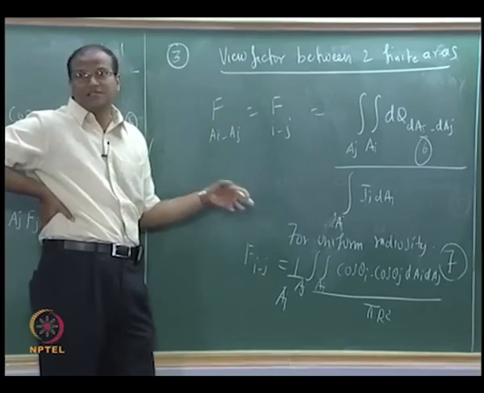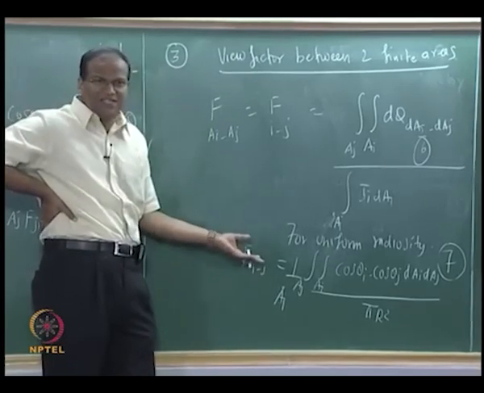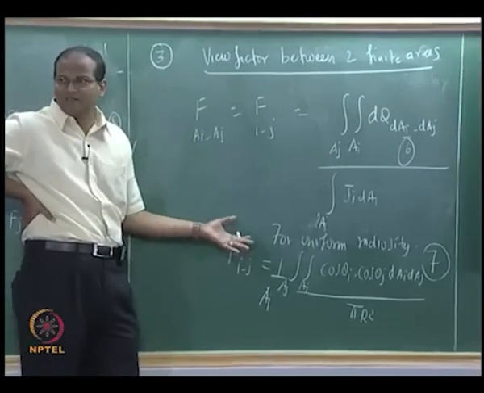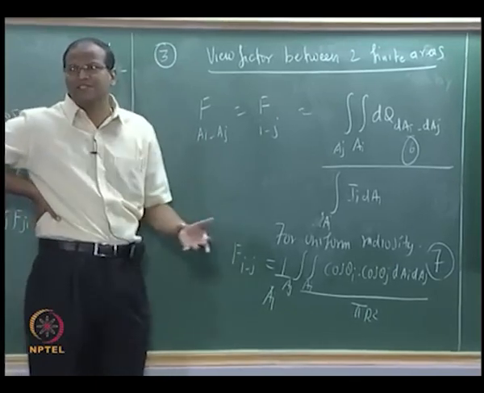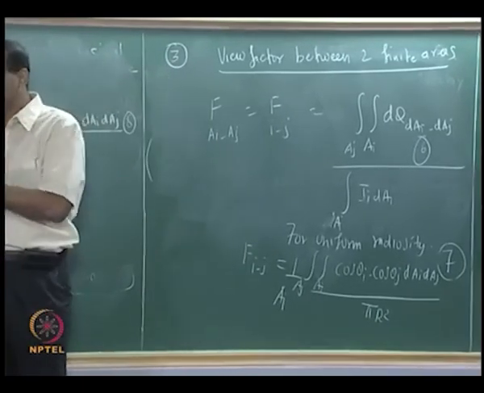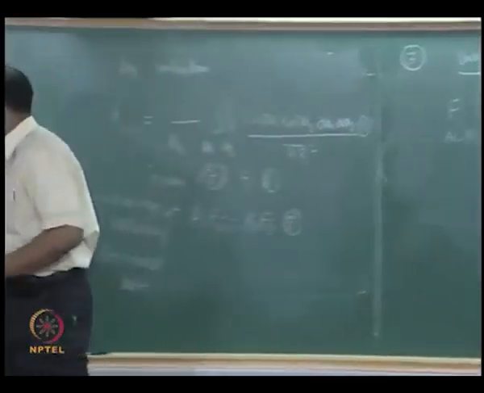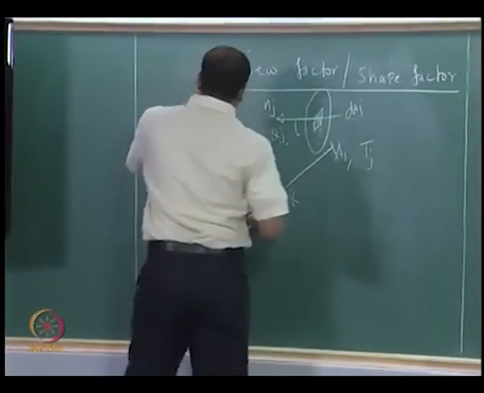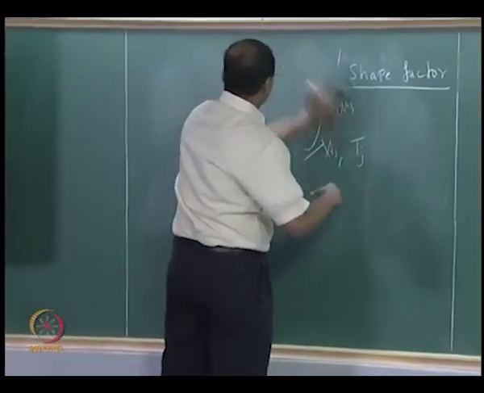But since this could be very messy, and could involve a lot of computational time and effort, can we simplify for simple surfaces, simple enclosures, can we get better than this without taking recourse to this? Can we get view factors? Yes, there are ways of getting this. That is a very interesting field called view factor algebra.